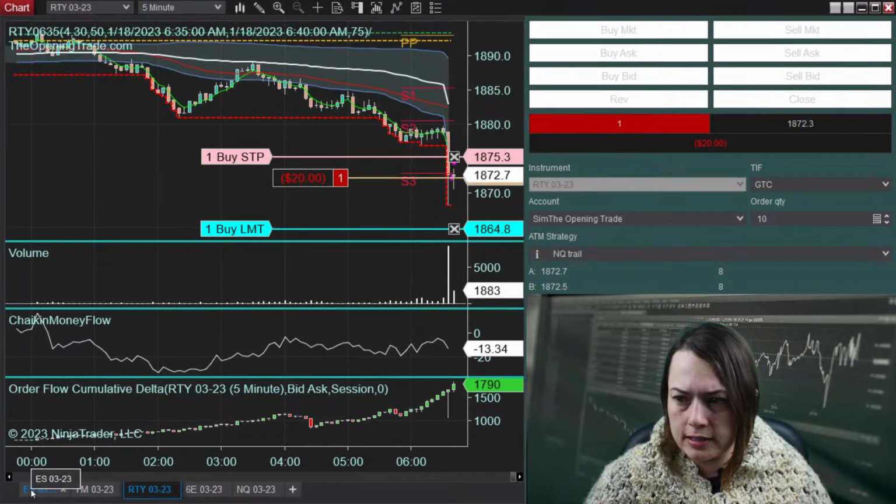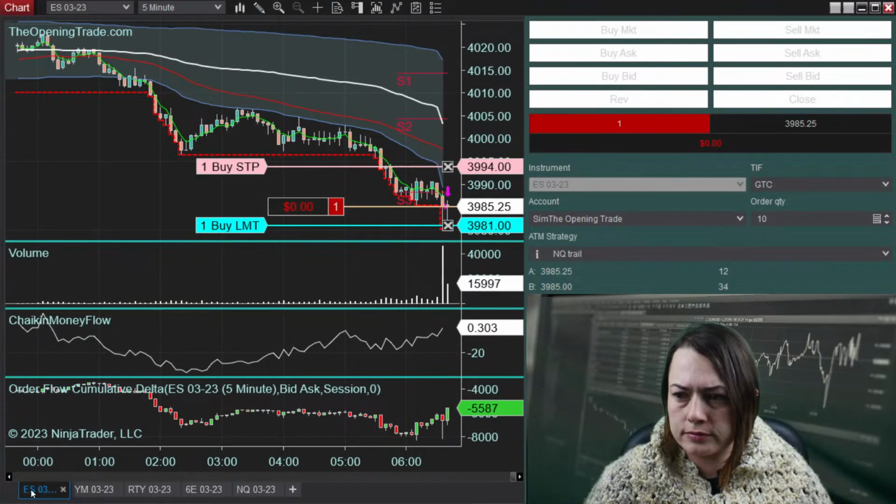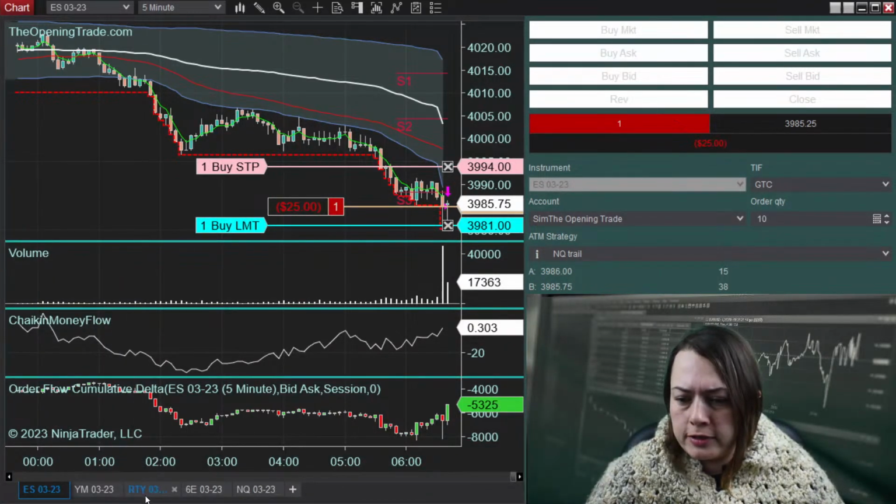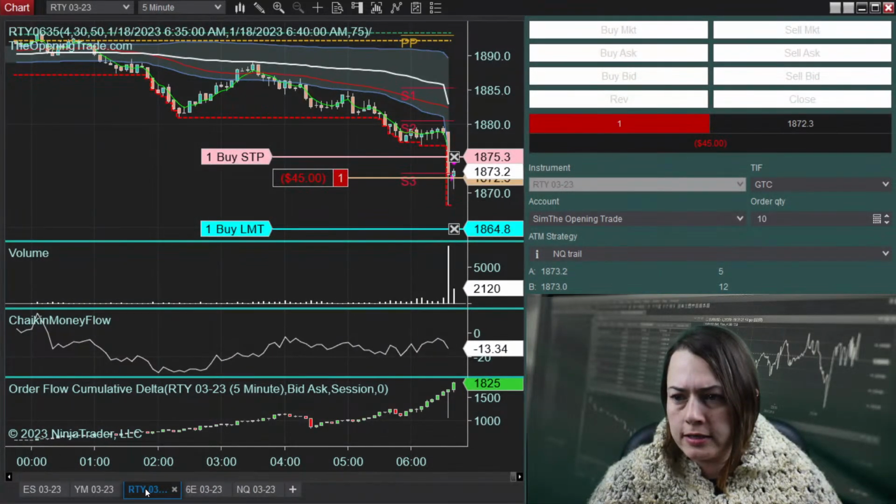Both are hanging in there. Quite a bit of movement. Let's see. Well, looks like it's moving in the right direction.